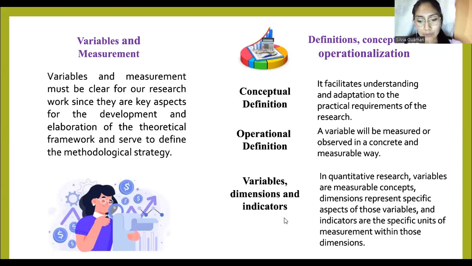For example, in the study of educational quality, the variable could be academic achievement. Its dimensions could be mathematical achievement and reading comprehension, and the indicators could be specific test scores. These elements structure the research for accurate measurement and statistical analysis.